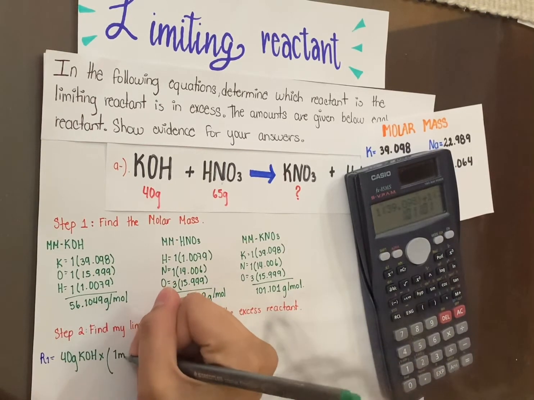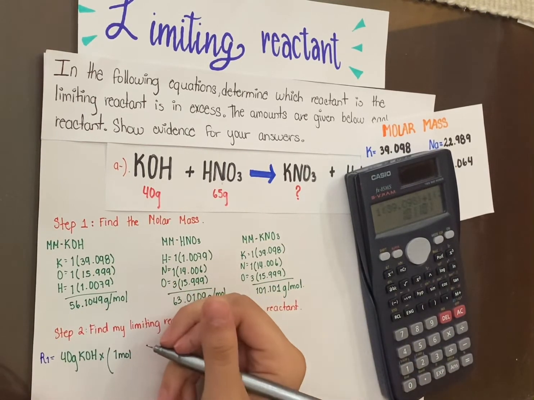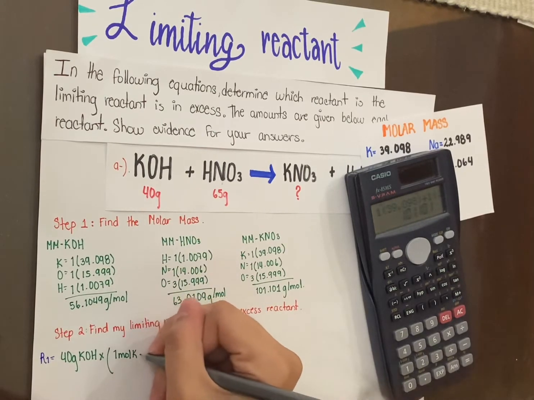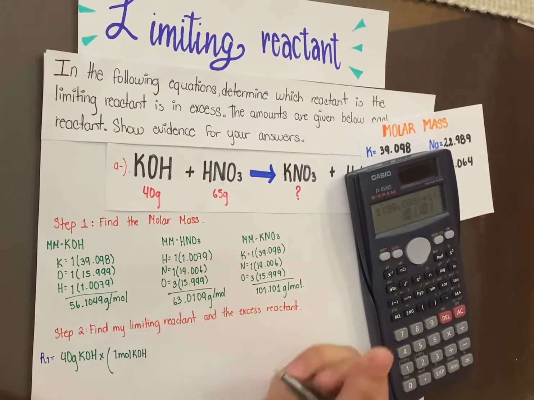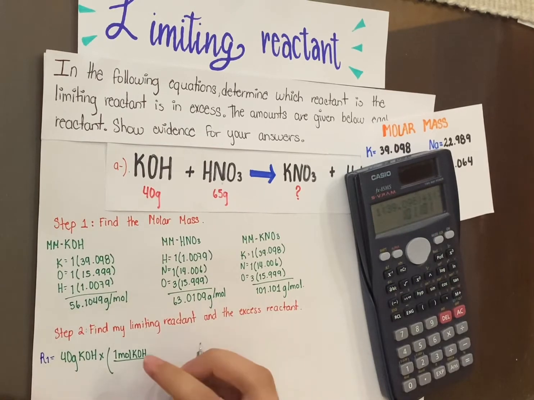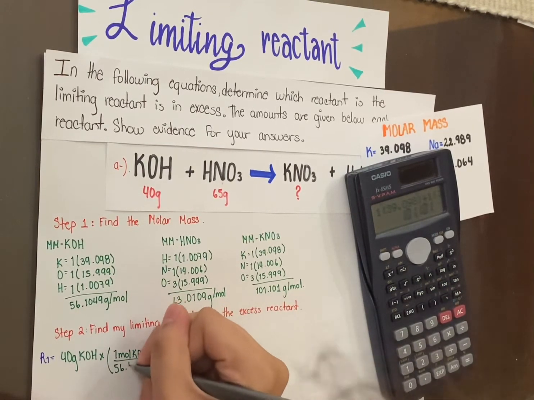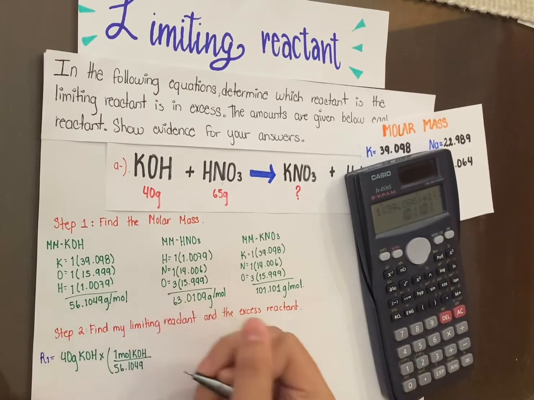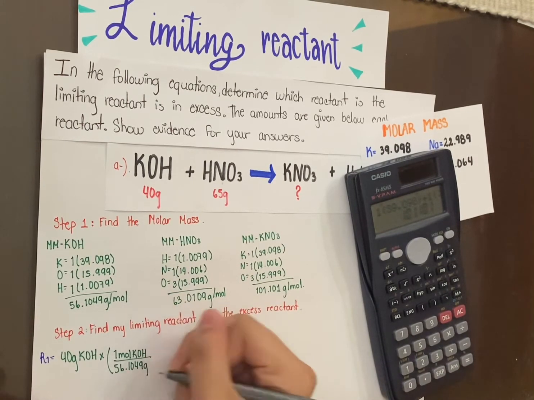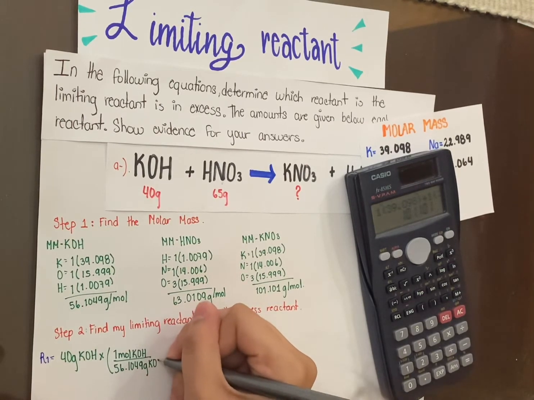In 1 mole of Co, are 56.1049 grams of Co.